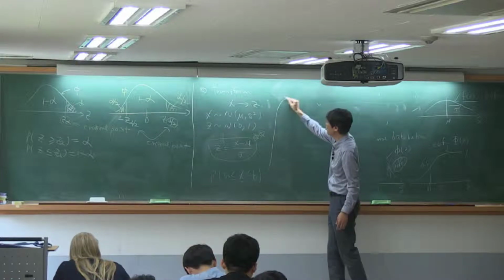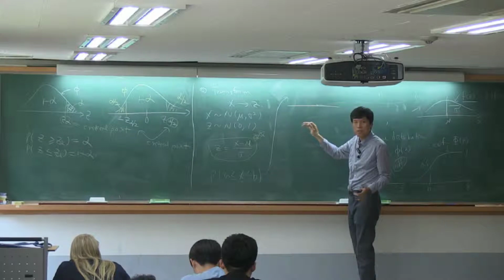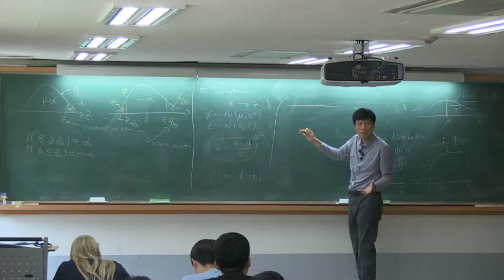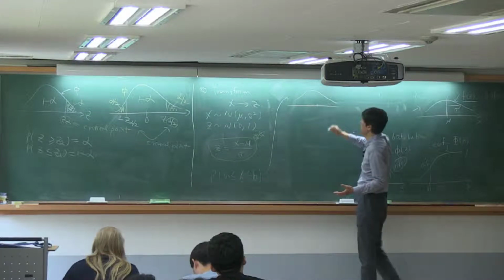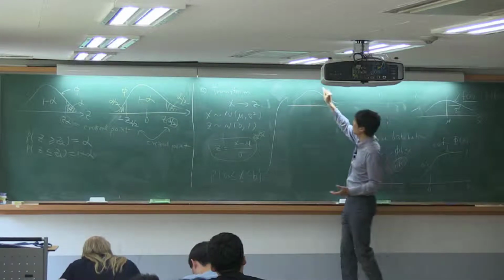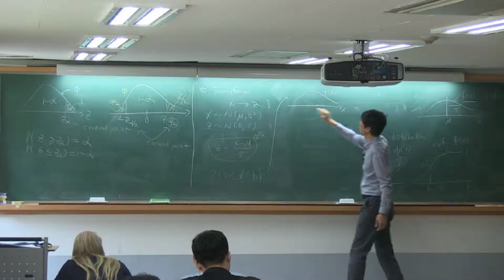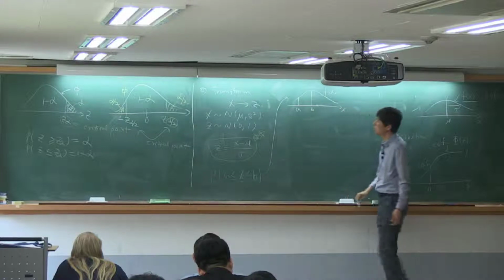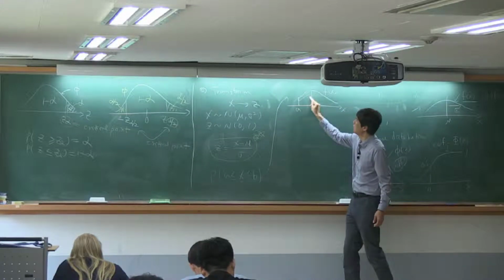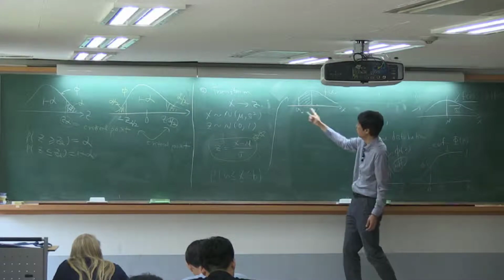Because X is an ordinary normal distribution, the distribution can have a shape like this, the PDF of X, with a and b marked.